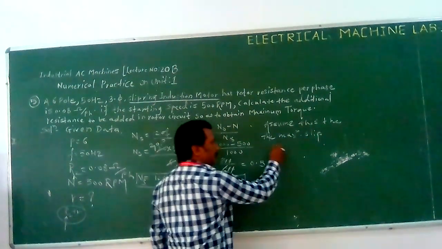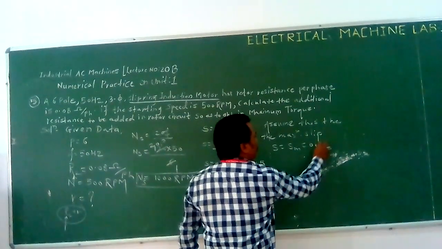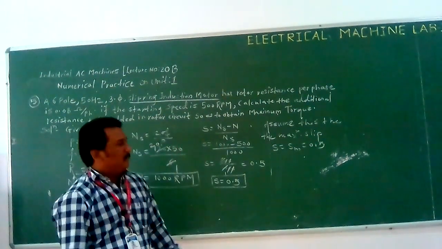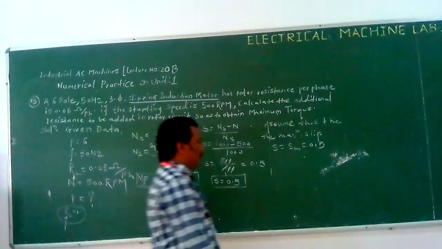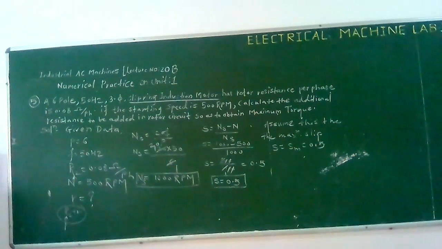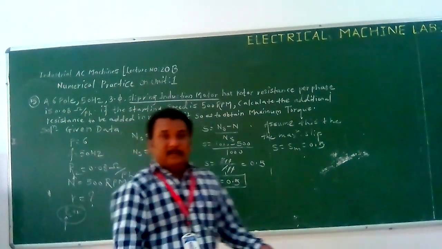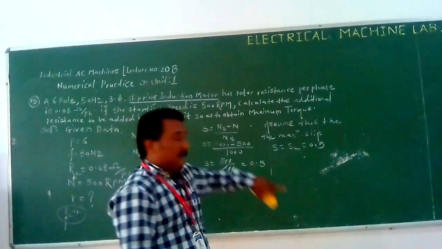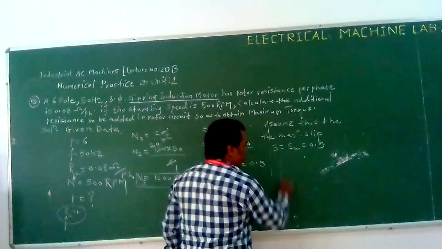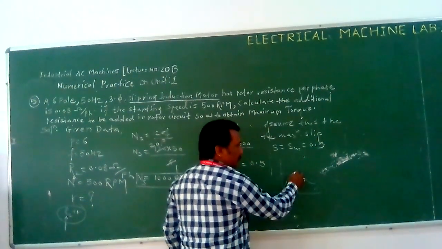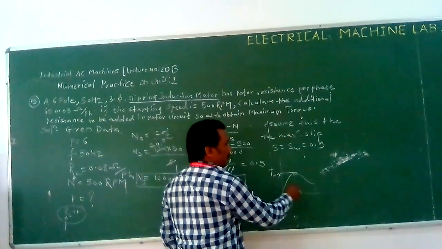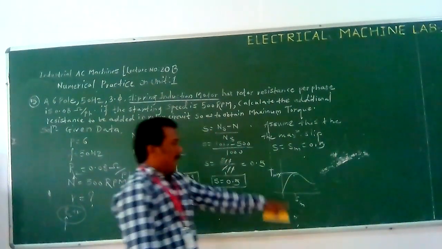We know that S is equal to Sm is equal to 0.5, because maximum slip is the slip at which maximum torque is produced. It is the value of maximum slip at which the maximum torque is produced. From the torque slip characteristics we know that it is the value of Tmax and it is the corresponding value of maximum slip.